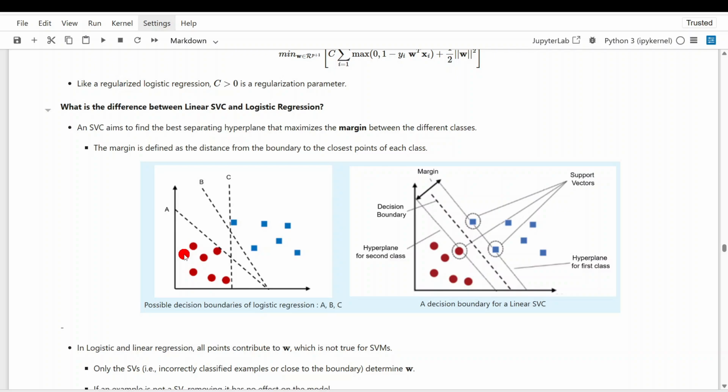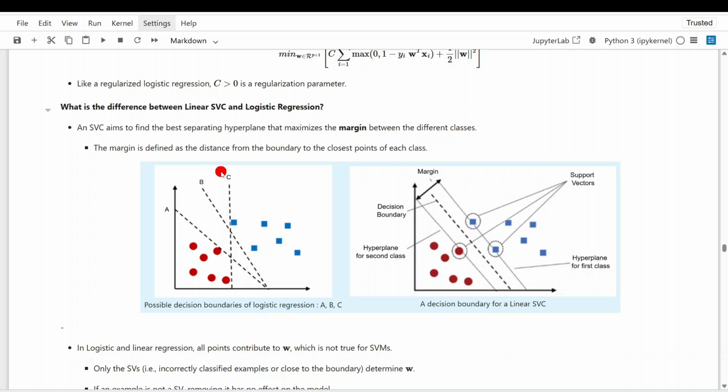Now, if we fit a logistic regression model, we could have a decision boundary representing line A, or we could have a logistic regression model representing B, or even a decision boundary C.